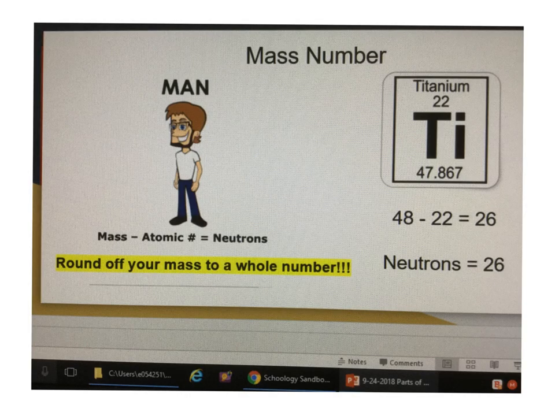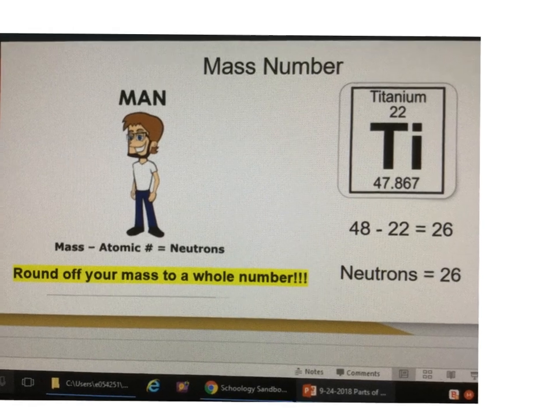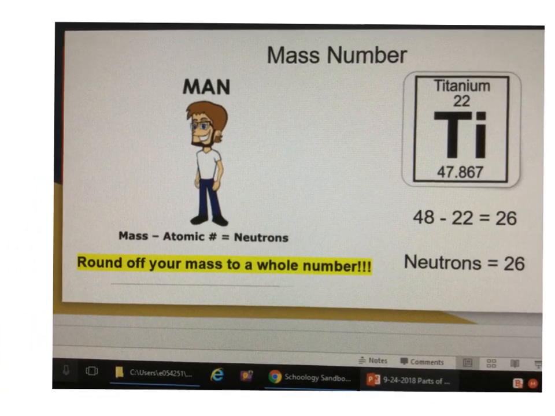Okay, now let's talk about the mass number. The number with all the decimals is your mass number, okay? It can be on the top. Sometimes some periodic tables have it at the bottom, but the way you know is you're going to have like 15.9999.